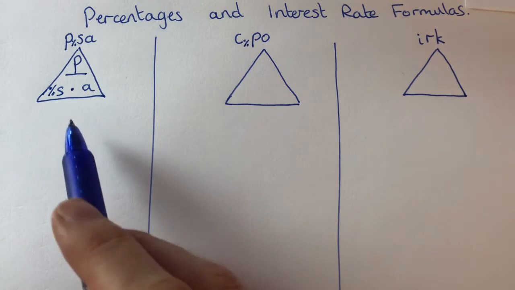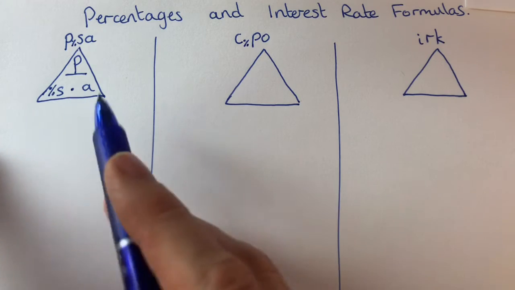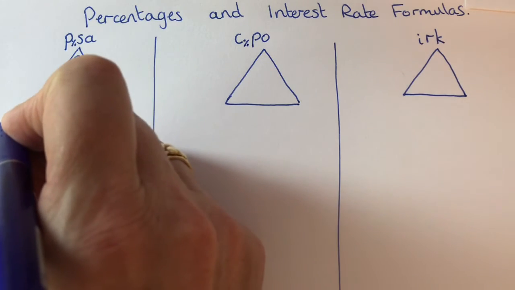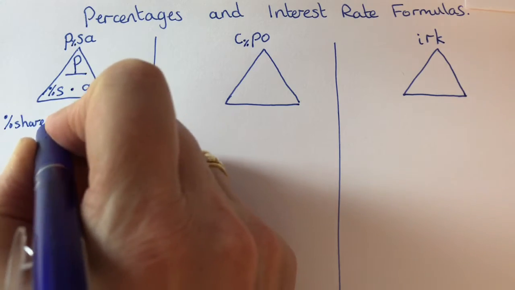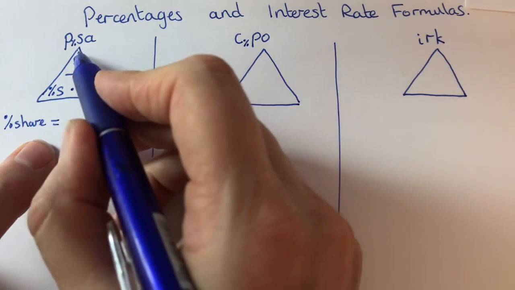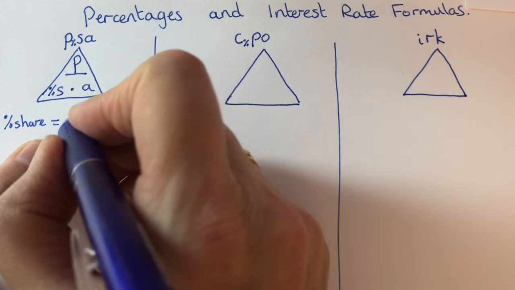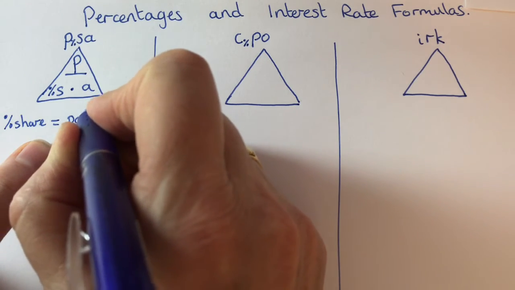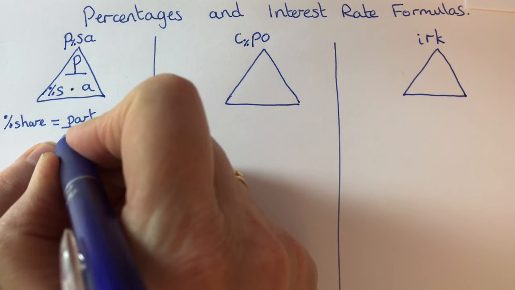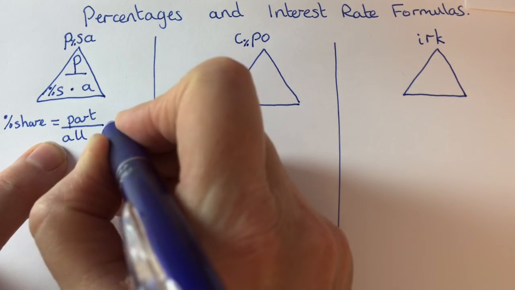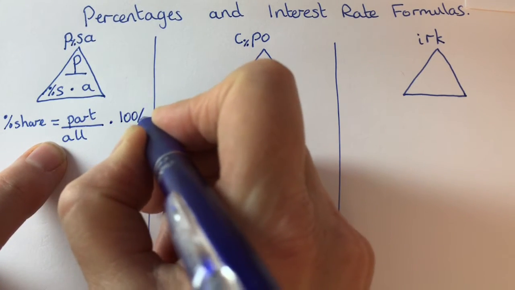So how do we interpret this formula? Well, what we mean here is actually the percentage share, or the percentage of anything, can be described as the part that we've been given some information about divided by everything, all of it, times 100%.